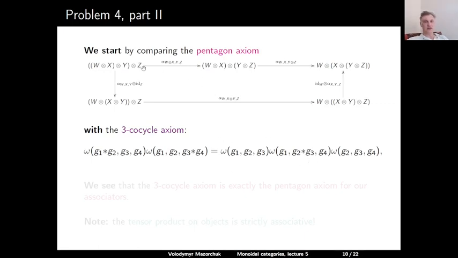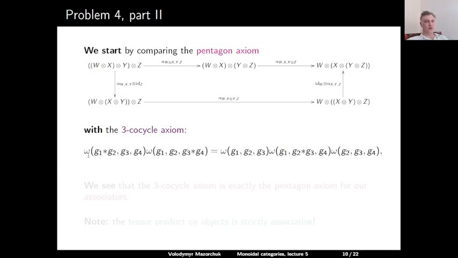In the Pentagon axiom, we have here the path of length 2, and the first map is alpha, the associator for W tensor X, Y, Z. We assume that W has degree g1, X has degree g2, Y degree g3, and Z degree g4.